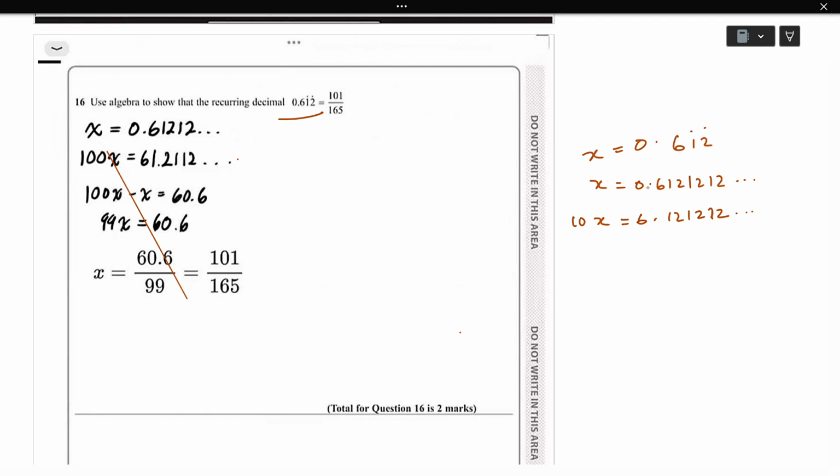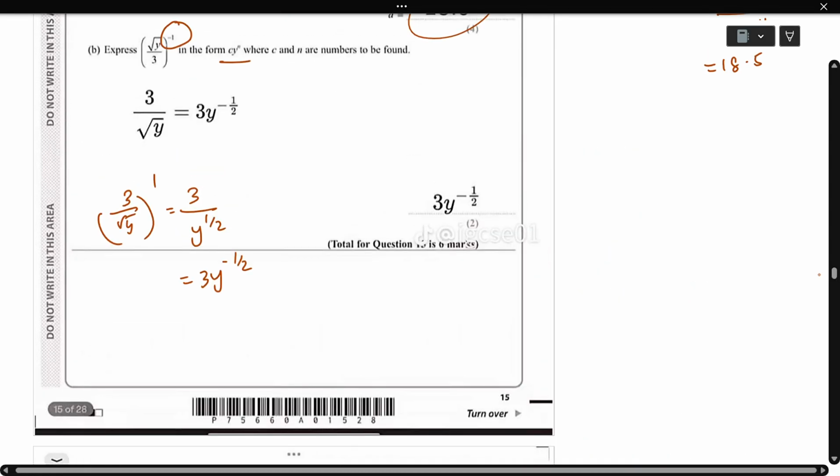Next I need to go until here after the decimal, so I need to multiply by 100 more, so it becomes 1000. 1000x equal to 612.121212, keep going. Now we can see these two after the decimal are only the recurring part. So I'm going to subtract: 1000x minus 10x equal to 612.1212 minus 6.1212, keep going.